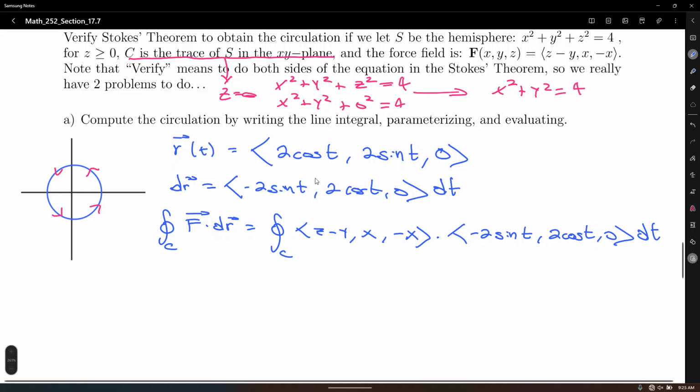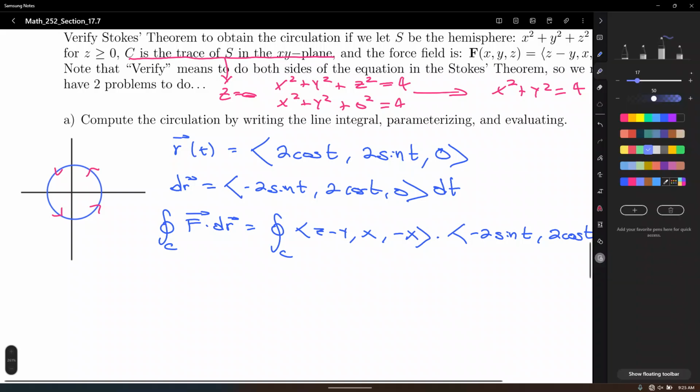Oh, hold on. Before doing this dot product, let me do some highlighting here. Let me highlight the x component, the y component, and the z component. The z component is where we're going to replace with the force field where it corresponds to the variable z.